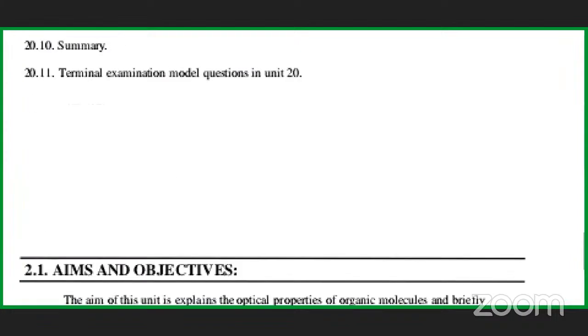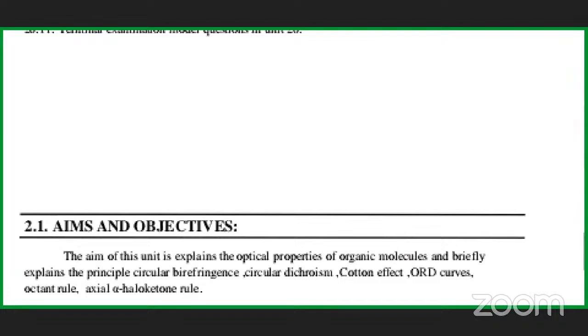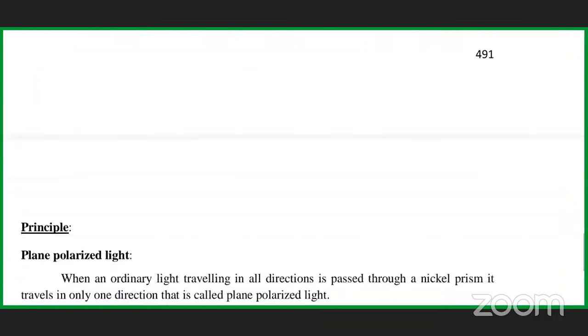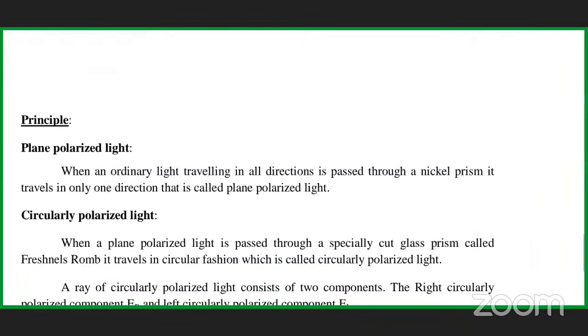Basically, if you see the principle of this ORD spectra, generally the light is not unidirectional, it is multi-directional. The light has various directions, there is no particular direction in this light. When that light is passed through the object, it goes through various directions.